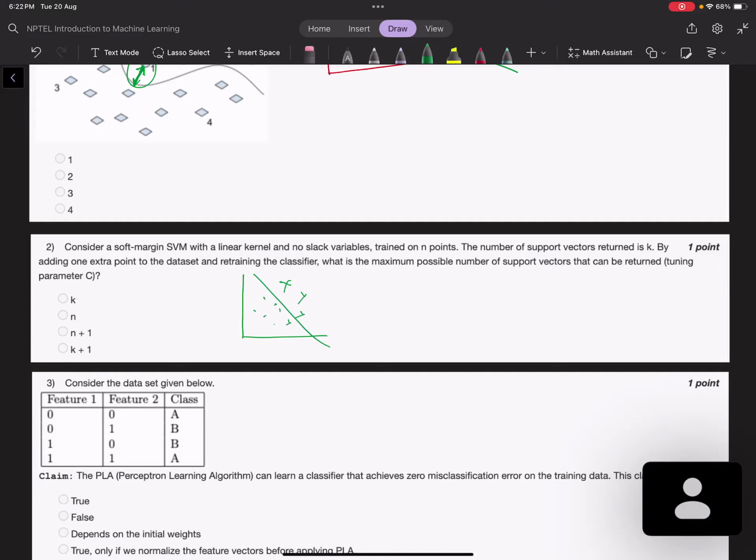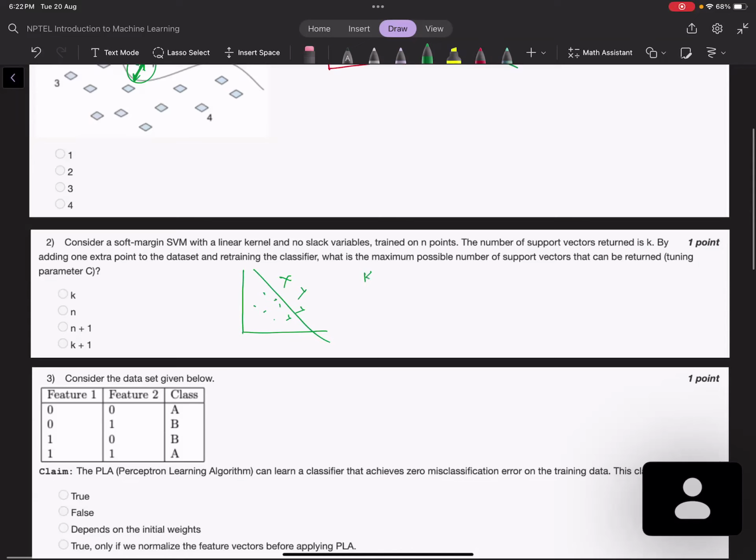So this is the latest soft margin classifier with endpoints. Okay, and there are k support vectors. There are k support vectors, right? Yeah, so there are k support vectors.